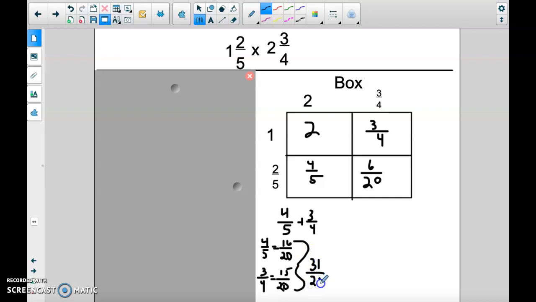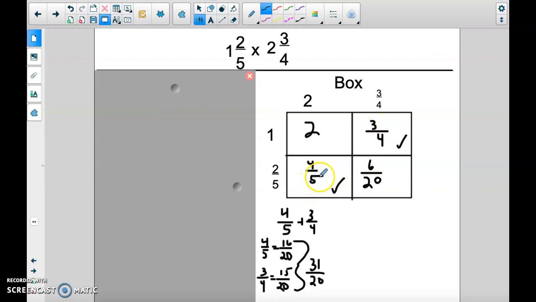Okay, so one thing I like to do is I'm going to put a little check in these two boxes because I've added those together. Sometimes when we have a mixed number times mixed number with all four things, we forget to add one of the boxes, which is crucial. Now, I said I wanted to do these two smaller denominators first.